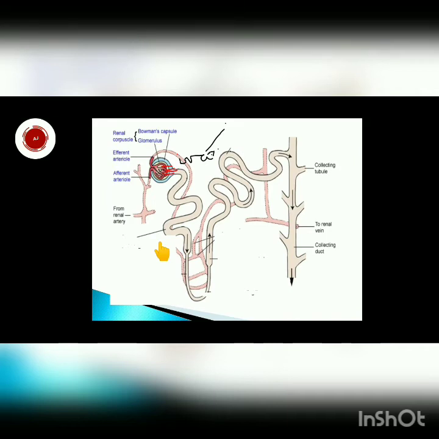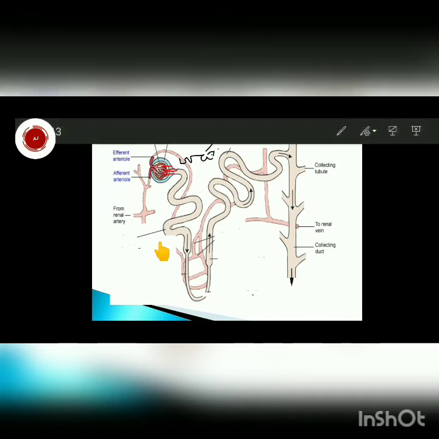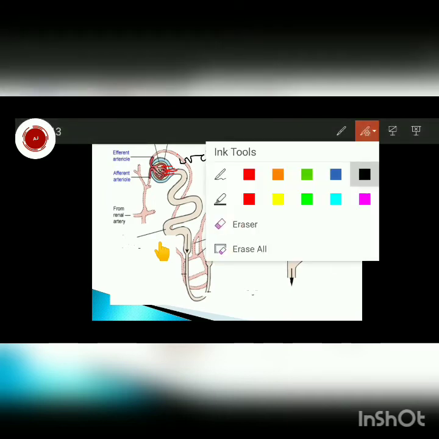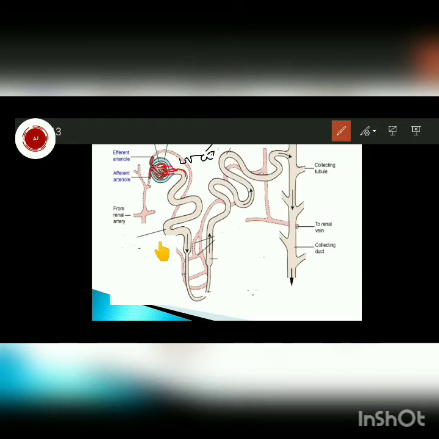And from Bowman's capsule, again they enter into tubules. This liquid which has water, nutrients, urea, uric acid is known as filtrate.